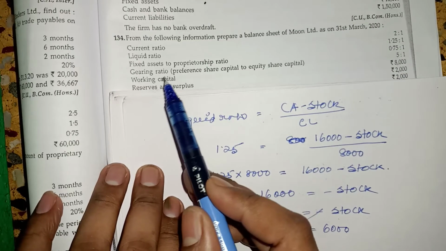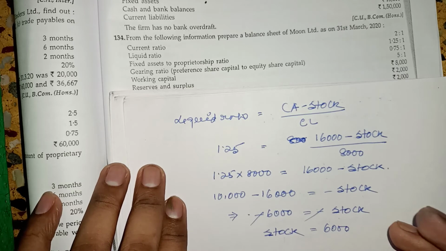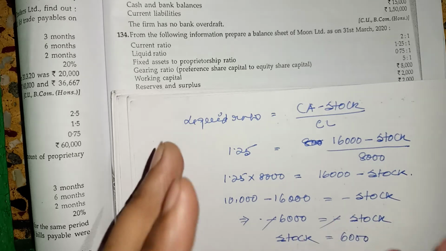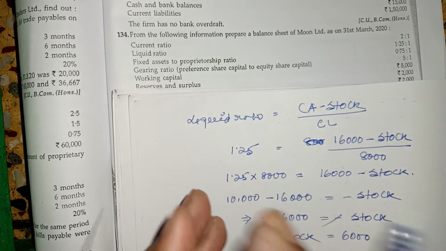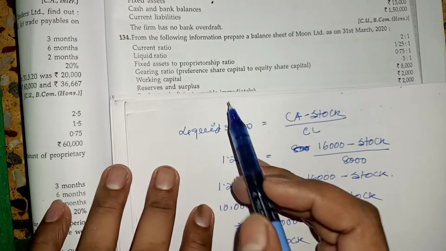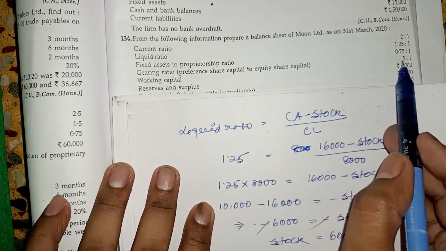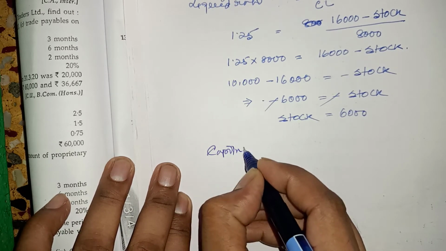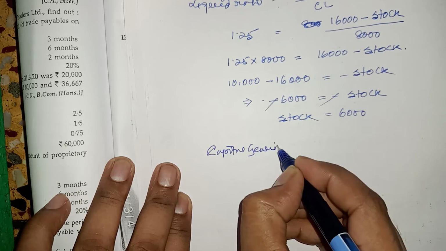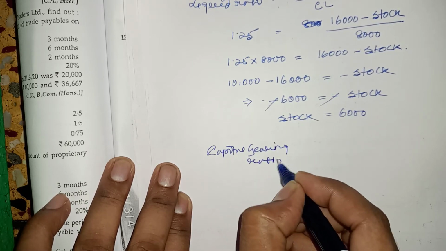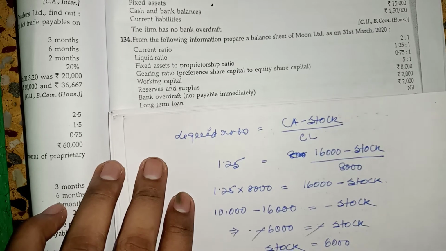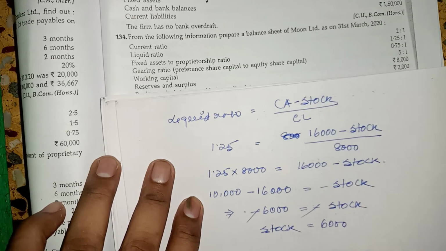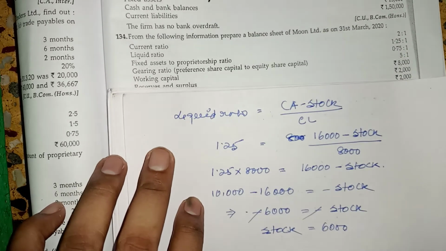Only one thing is left, that is the gearing ratio. The gearing ratio represents preference share to equity. That means in our proprietors fund, or capital employed or net worth, how much is the preference share capital and how much is the equity share capital. The capital gearing ratio is 5:1, preference share capital to equity share capital.